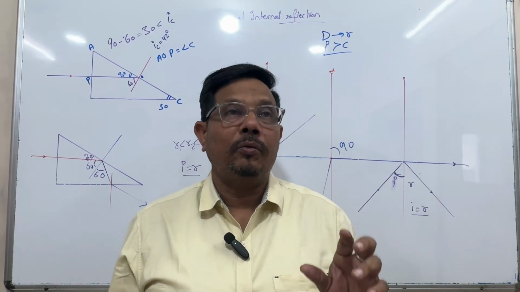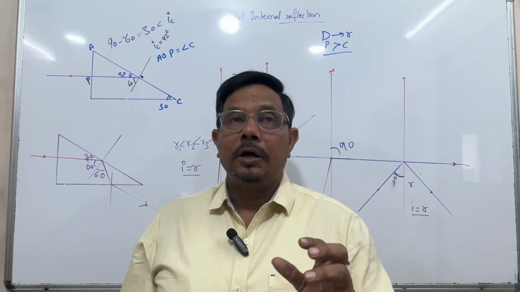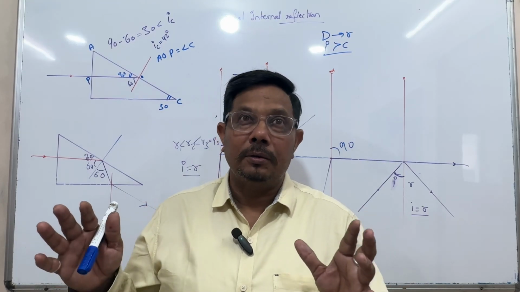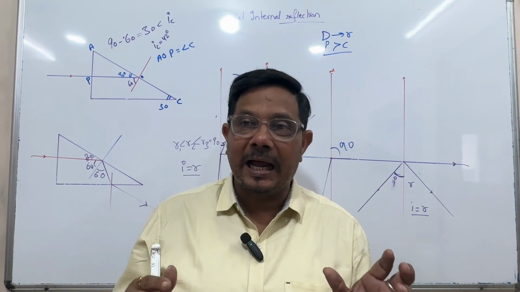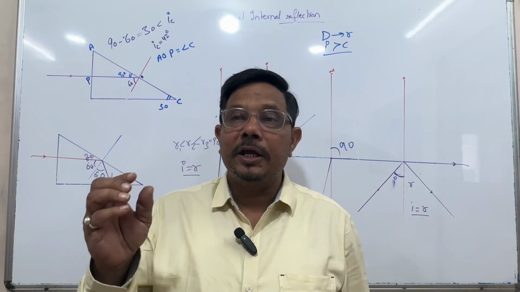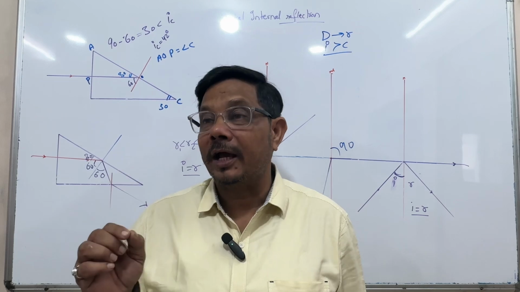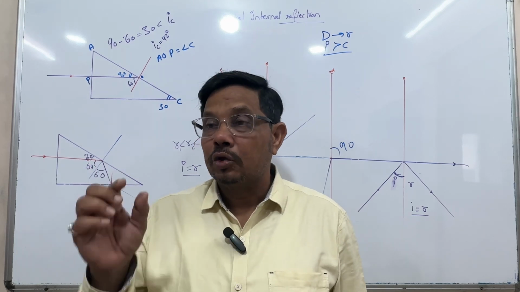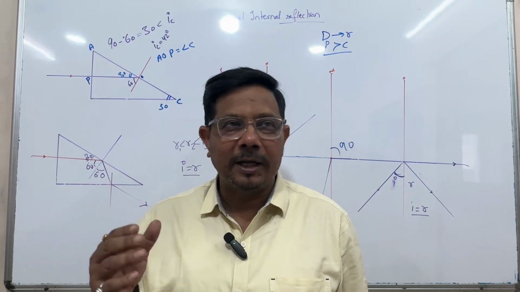But in the case of a diamond sparkle, the person who is making the diamond makes it in such a manner that the critical angle decreases, maybe 24 degrees or something.